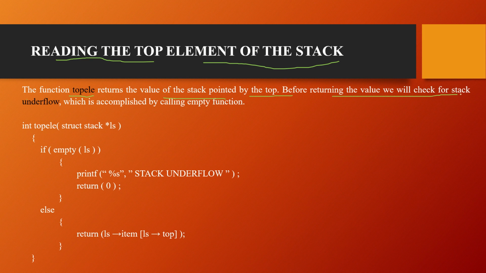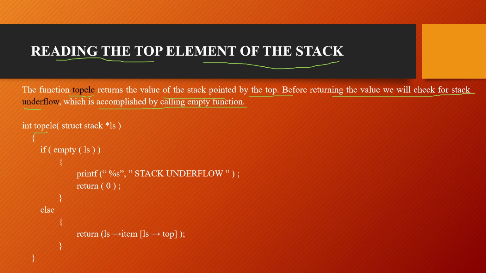Before returning the value, we will check for the stack underflow, which is accomplished by calling empty function. So before returning the top value, we check whether there is some value or not. That can be done through the empty function, or we can write if top equal to -1, then it also indicates that the stack is empty.